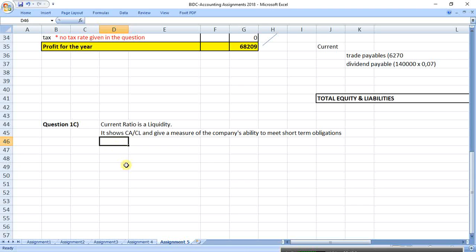Okay, and let's comment about the ratio. So a ratio bigger than 1, okay, we can look at that. This measures the firm's ability to meet its short-term obligations.